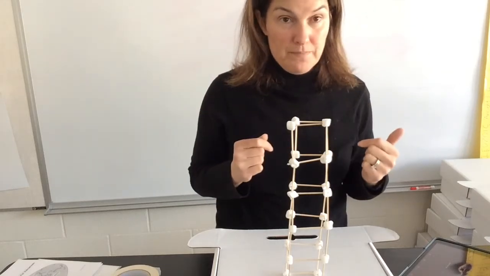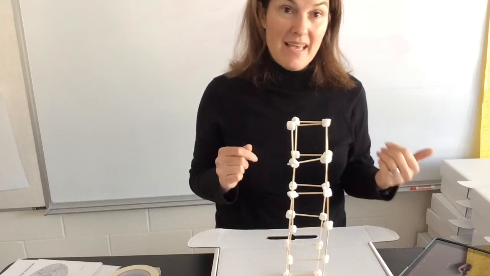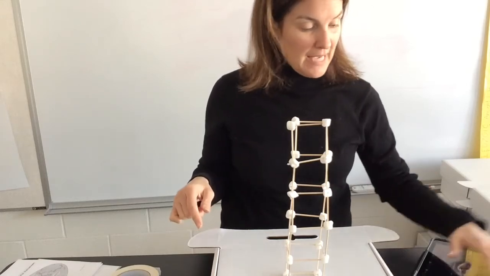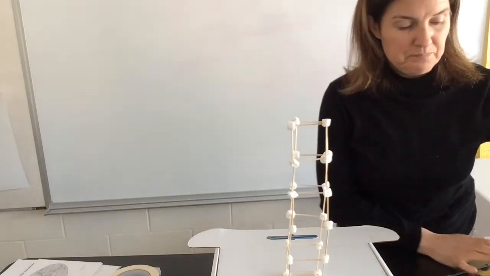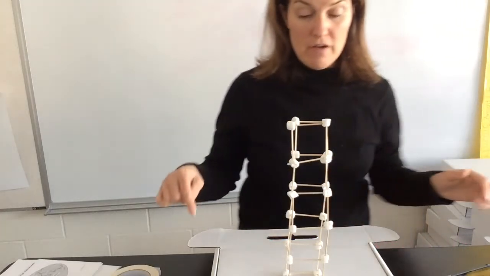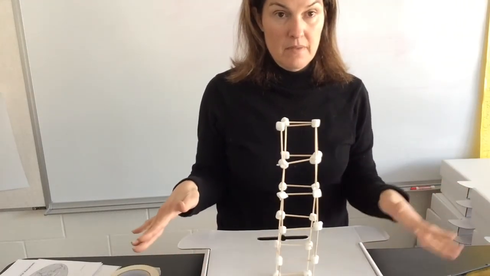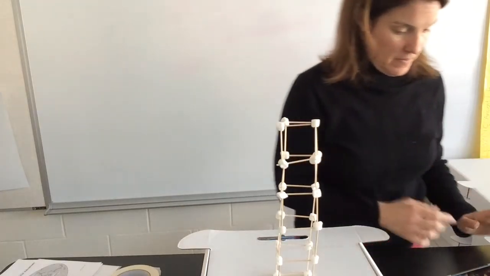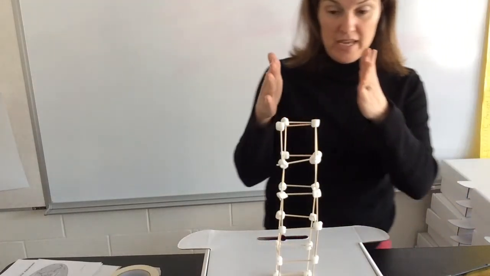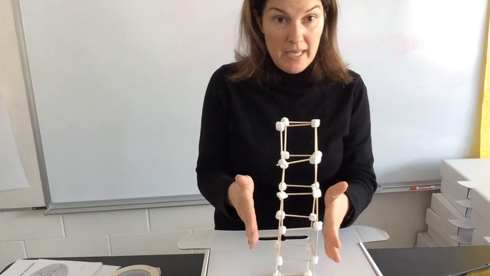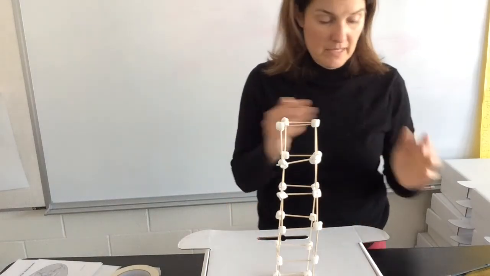Okay, round 2. So round 2 is a Mercalli scale of 7. What I'm going to do is move my platform back and forth about an inch both ways for 15 seconds. And make some observations about what you see happening here in your building.